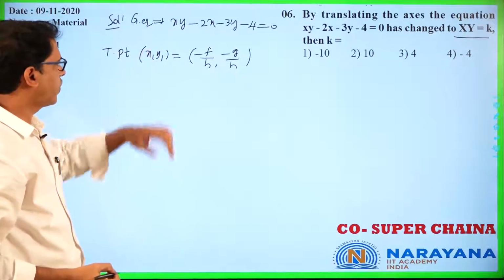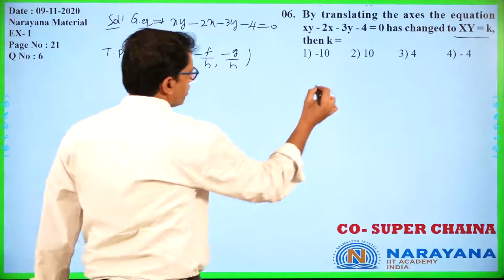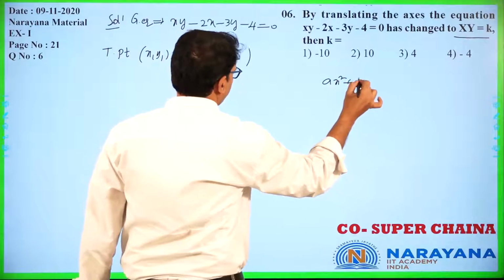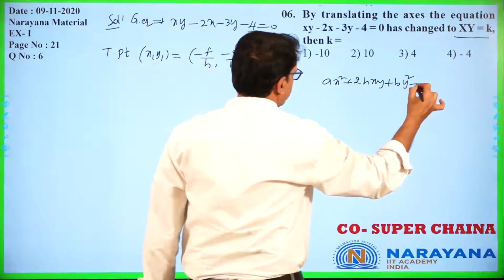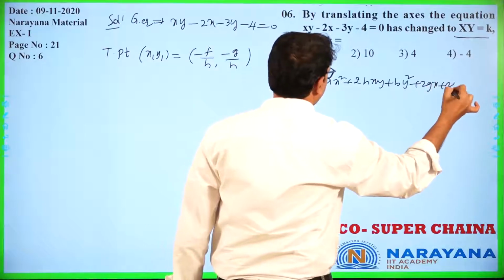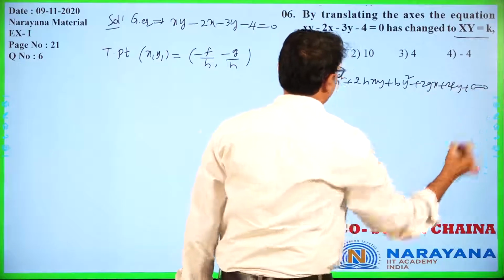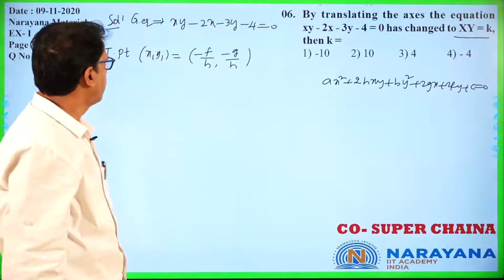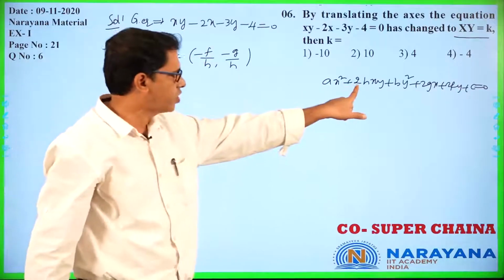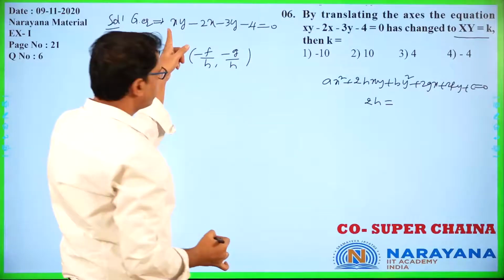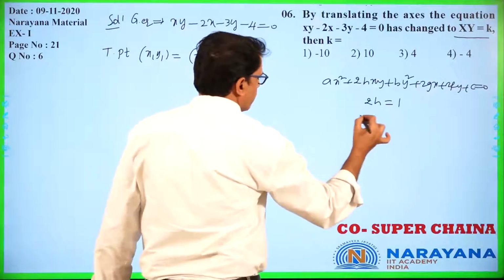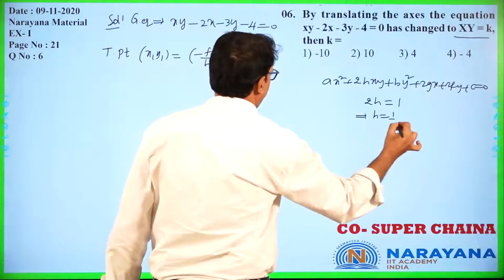What is the standard form? ax square plus 2hxy plus by square plus 2gx plus 2fy plus c equals 0. The xy coefficient is 2h, and here we have 1, so 2h equals 1, and h value will be half.